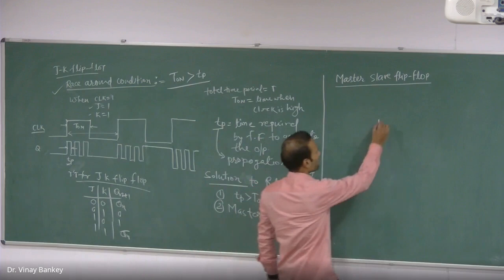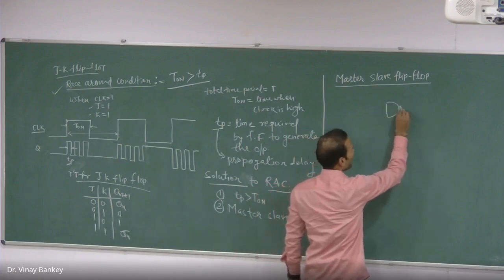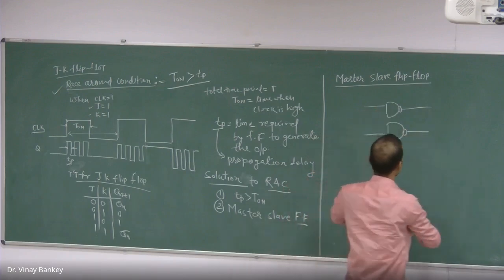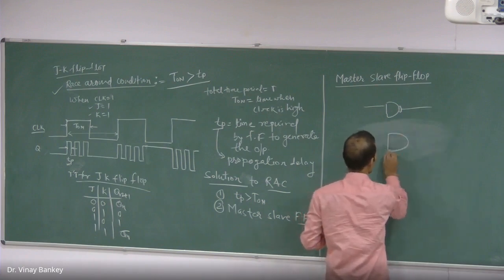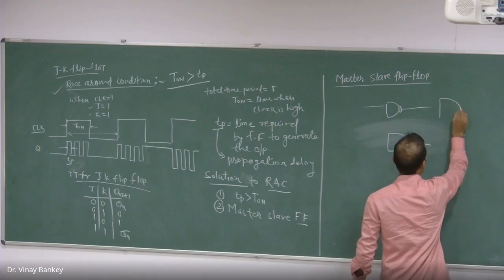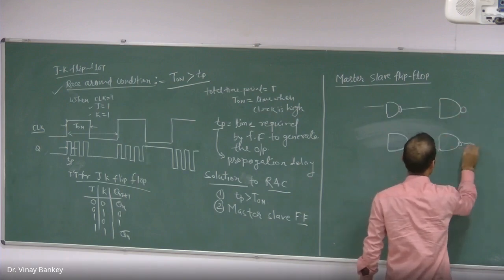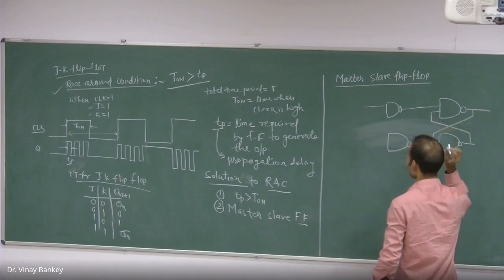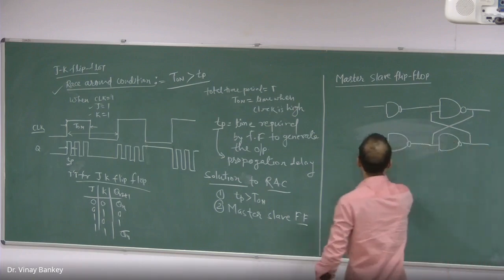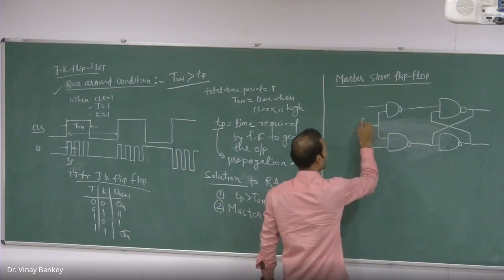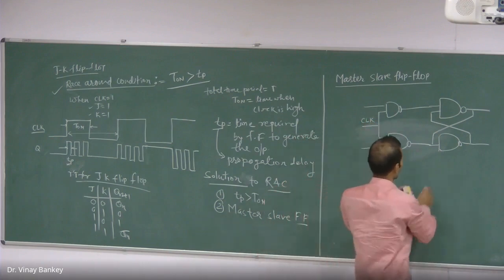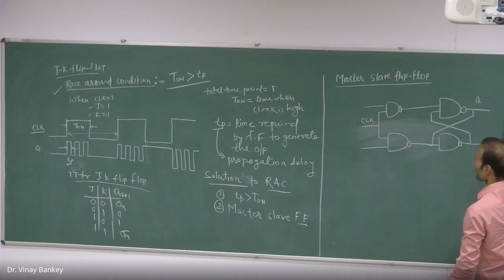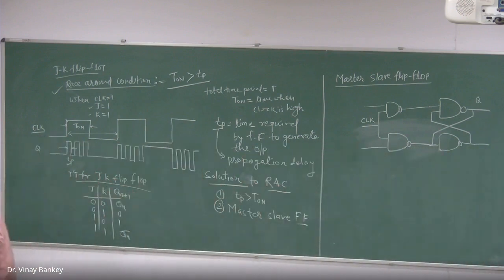So here we have a NAND gate, we have a clock pulse here, and this is my Q, and again I have a similar structure.